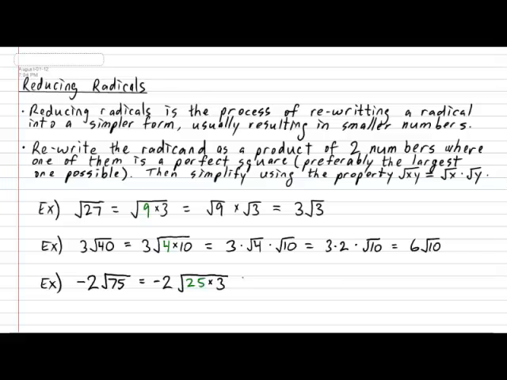Alright, let's use the property of the radical of a product. This gives us negative 2 times root 25 times root 3. Further simplifying, this gives us negative 2 times 5 times root 3. And our final result is negative 10 root 3.